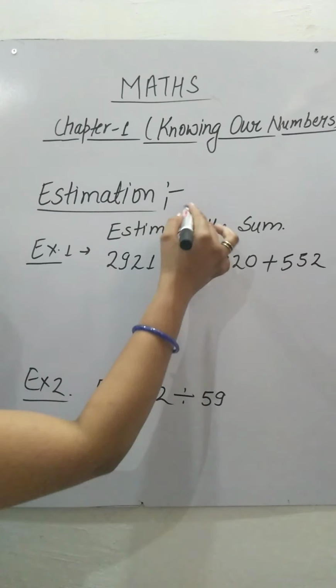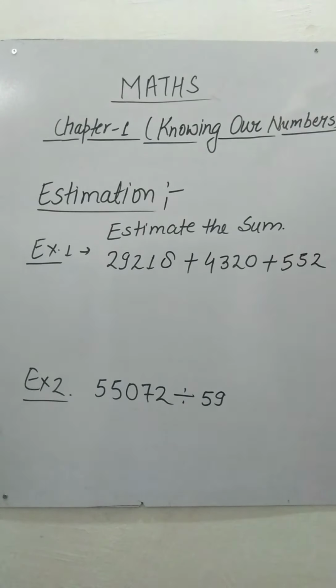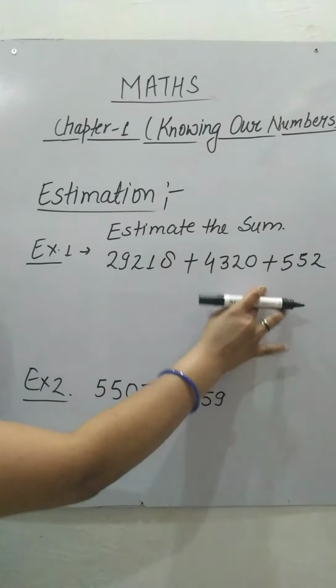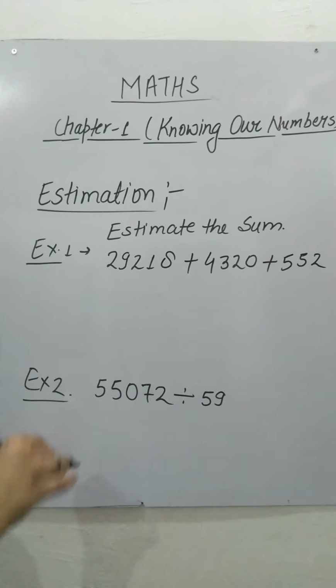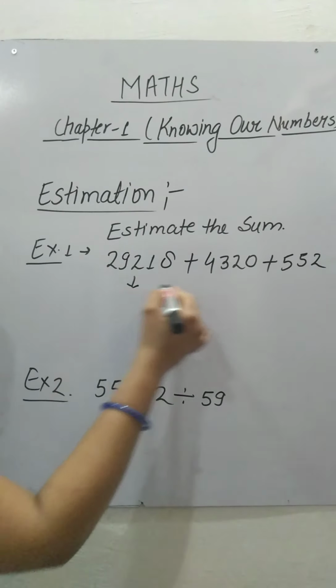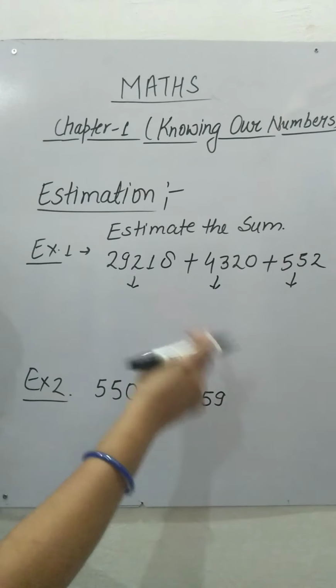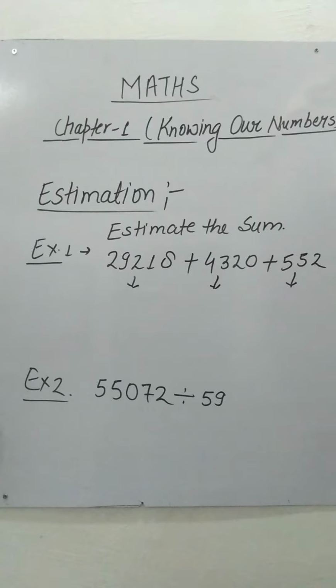Now the next topic is estimation. In estimation, first round off each number to its highest place, then we will use the operations. For example, if we have a question like this, estimate the sum. First we round off all of these numbers, and after rounding we can add.